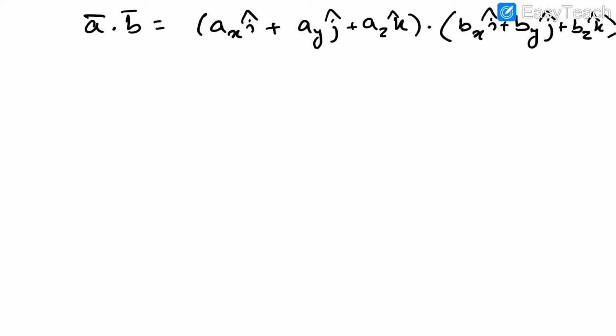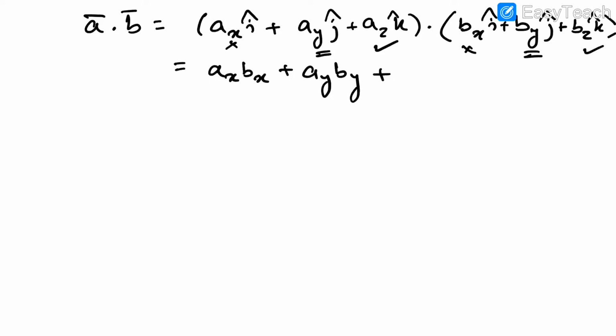You had practiced this, na? What we got was the scalar quantity ax bx: individual components are multiplied, x with x, y with y, z with z. We just have to multiply the individual components of the corresponding vectors and add them up. Ay by multiplying the y components plus again multiplying the z components, and that will go on for any n dimensions. We have learned that.